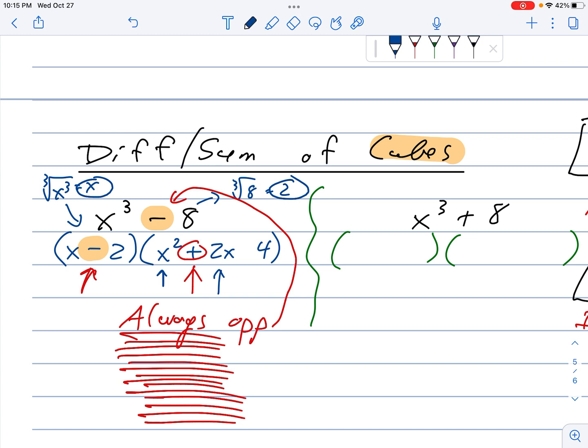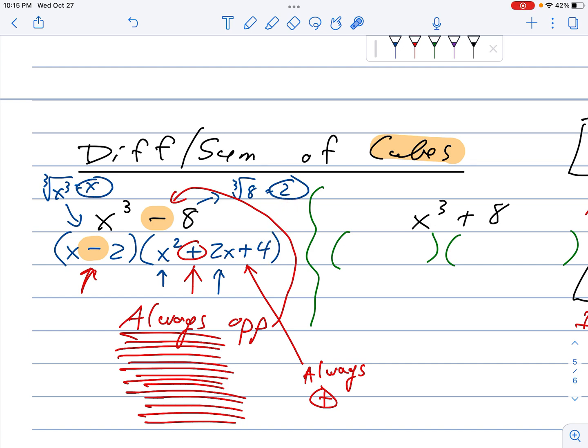And then the back one is always plus every time. Always plus, for the sign before the last number, which is this number squared.